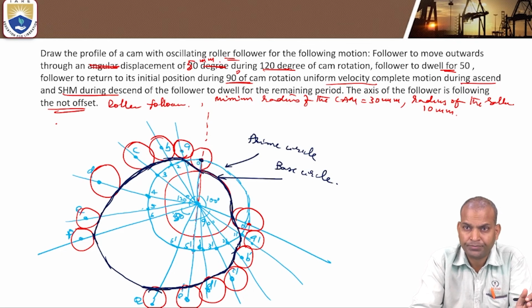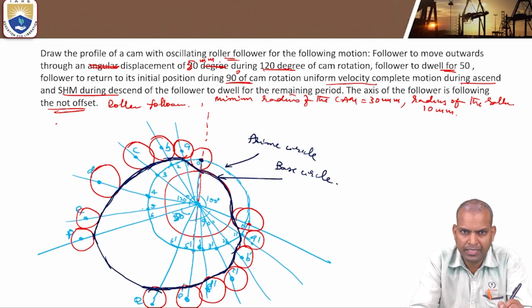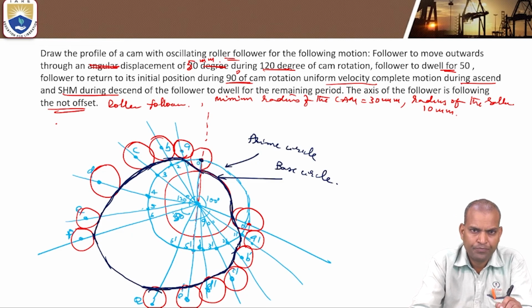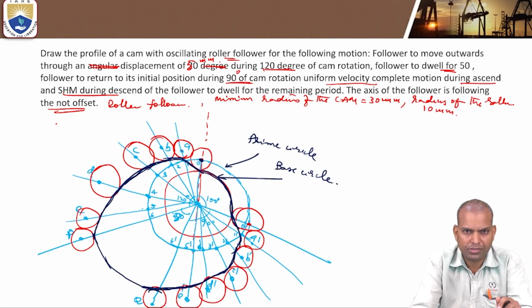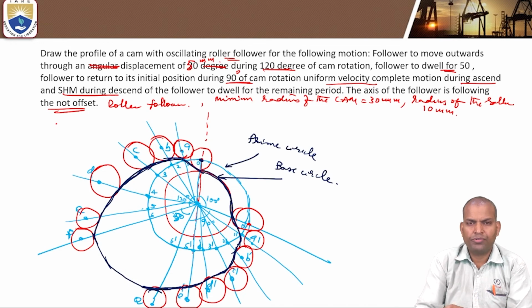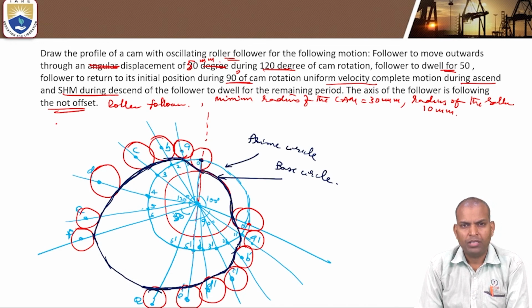That is the meaning. In comparison, the knife edge follower is a point contact. The roller follower also is a point contact with the surface of the cam. That's why this follower comes under the category of higher pair. For a higher pair, the coefficient of friction is low in comparison to a lower pair. What is a lower pair?